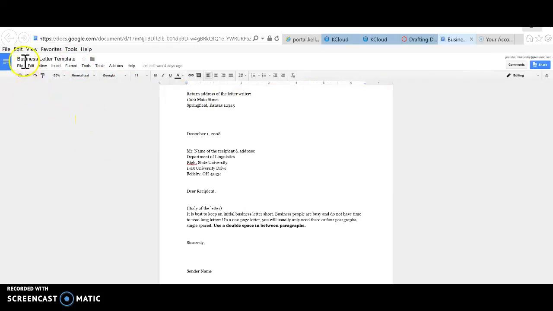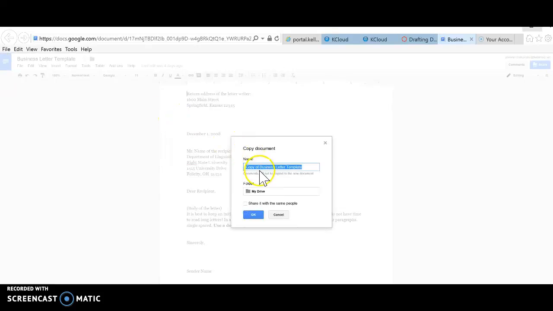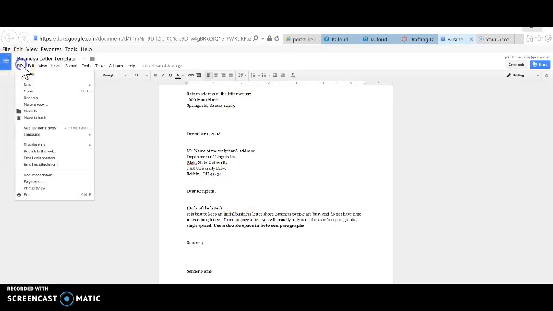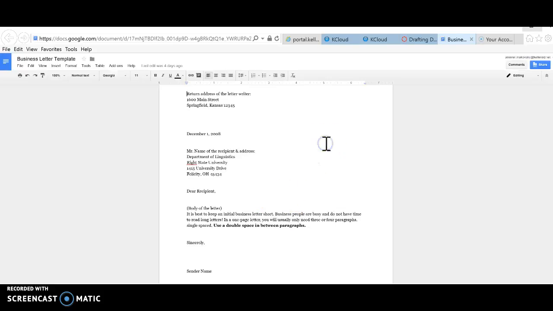I think you might even have to do make a copy first, and then rename it with your last name, period number, letter to the next president, and then you should be okay. Otherwise, what will happen is it might mess up the format. So do make a copy, last name, period number, letter to the next president, save it in your drive, and you should be okay.